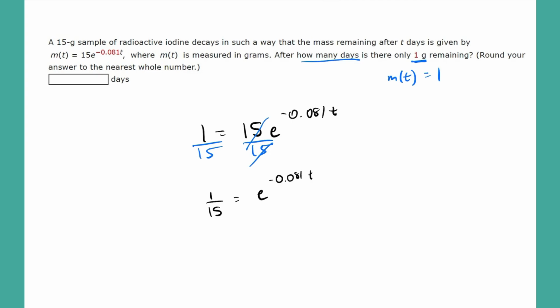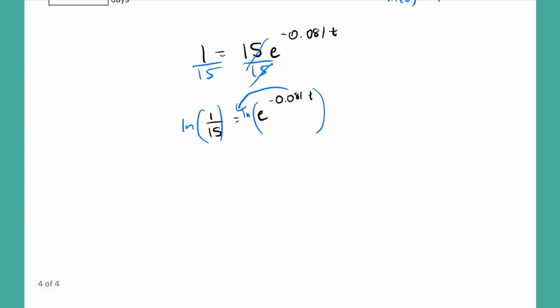And in order to clear out the e and to bring this down to the front, you need to take the natural log of both sides. And that will allow us to move that exponent to the front. All right, so we have natural log of 1/15 equals negative 0.081 t ln of e, but the ln of e becomes 1, and so that pretty much just disappears.